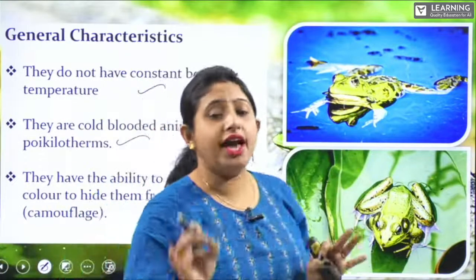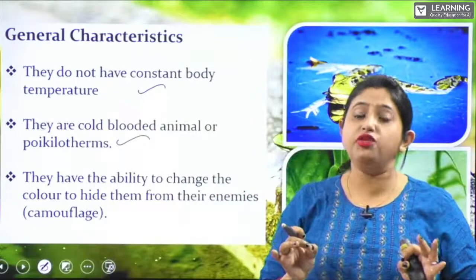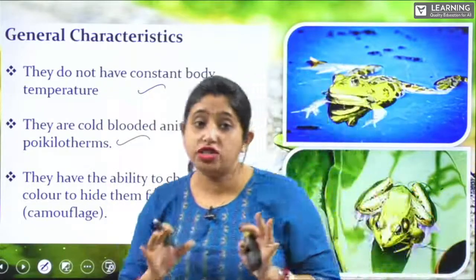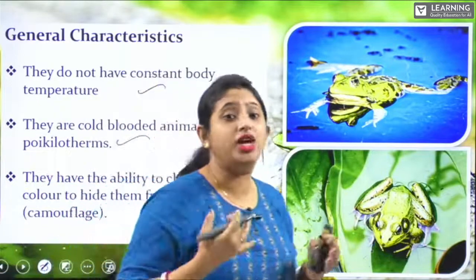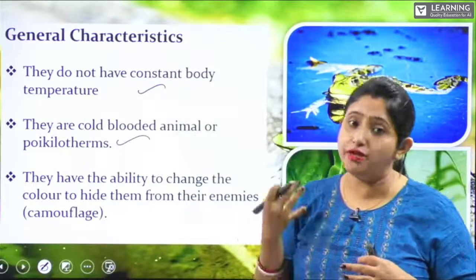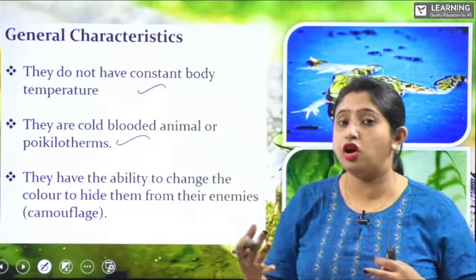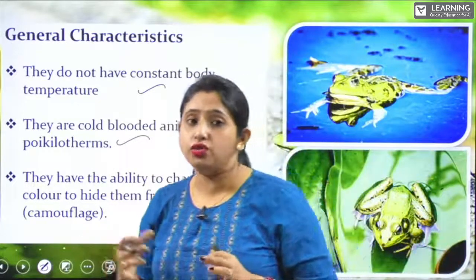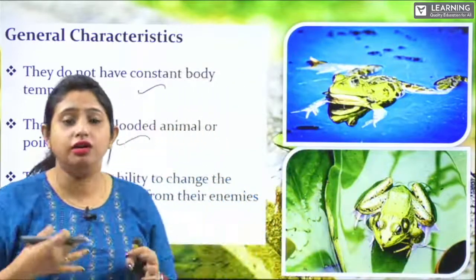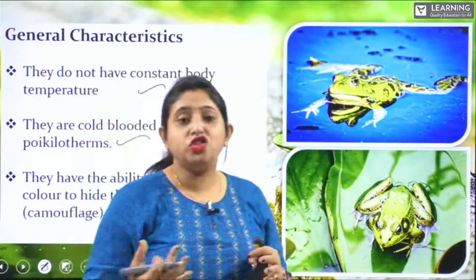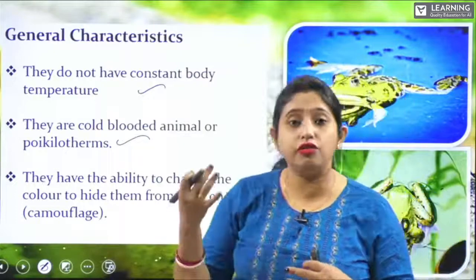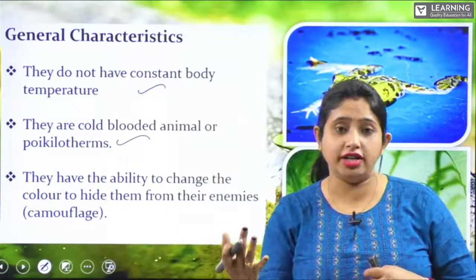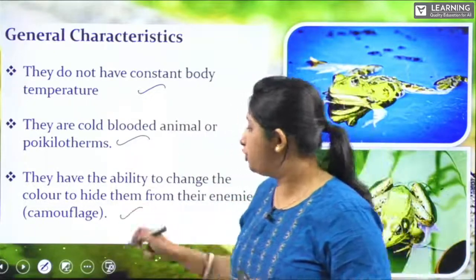Now another characteristic they have, which protects them from the prey, is that they can change the color according to the environment. For example, the frog is walking towards the green leaves, okay? So it can adjust the color of the body according to the color of the leaves. What do we call that? We call that camouflage, right?